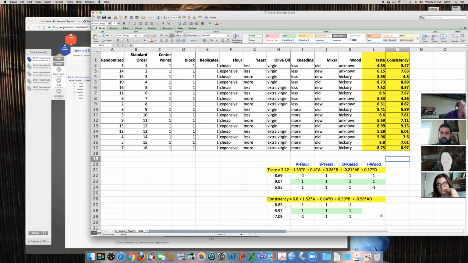So it looks like we're lucky in the fact that taste and consistency line up, and that having high factors on flour, yeast, and kneading both improve consistency and improve taste, and we don't have to make a trade-off between those performance values, which could very well have happened to us in an experiment like this, where we'd have to make some sort of trade-off between taste and consistency.